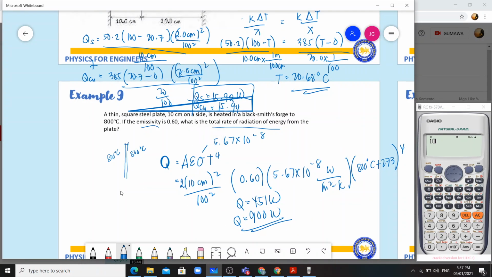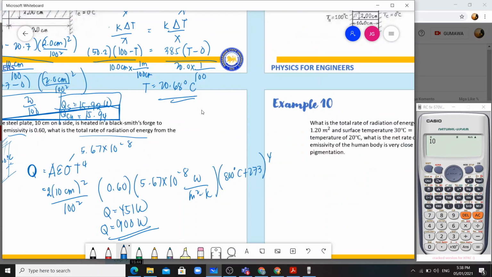Kumbaga, etong thin plate na to, pinainitan ng 800 degrees Celsius. Ang area kasi na to is yung surface area lang. Kaso, dalawang side niya yung pinainitan. Pares na 800. So, dapat yung surface area mo, dalawa din. Etong side na to sa right, etong side na to sa left. Okay? So, ganun siya. So, let's proceed to example number 10.